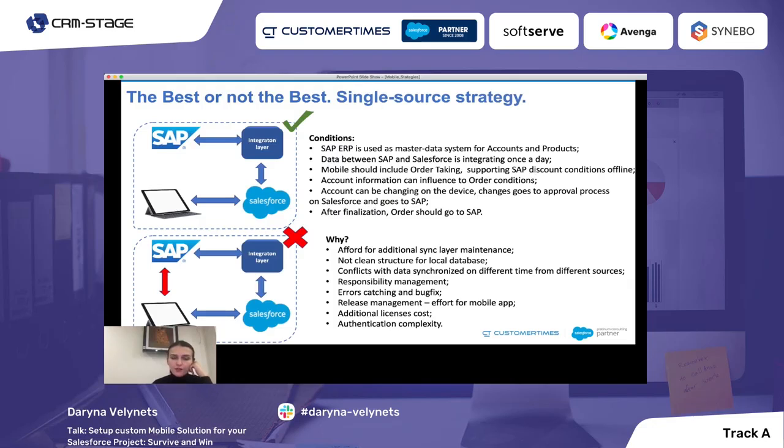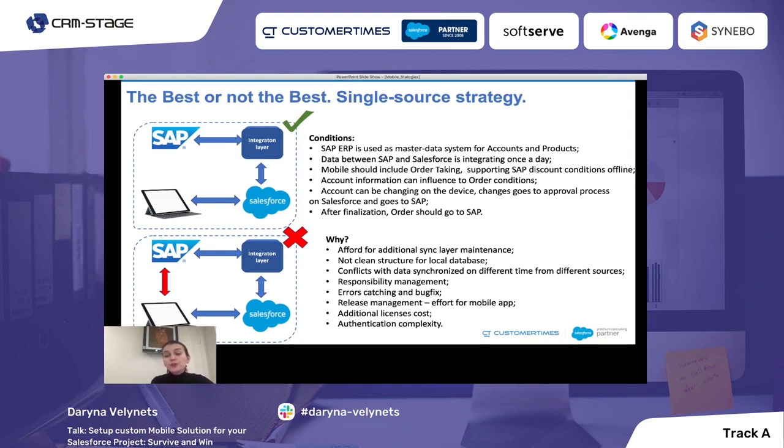Let's imagine we have SAP that is used as the master data system for accounts and products, and we have integration between Salesforce and SAP via some integration layer maybe, and we have order taking on mobile, and mobile should support order taking offline together with calculating discounts and so on.